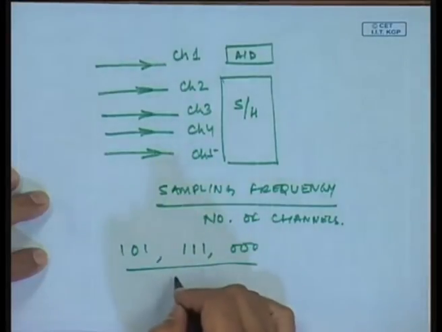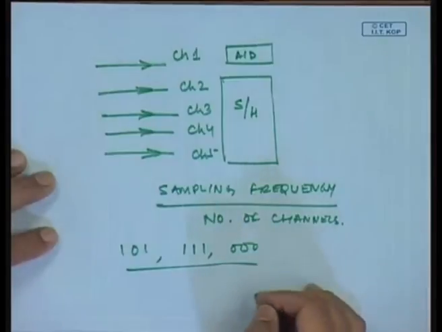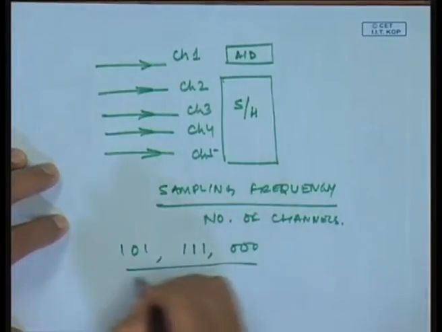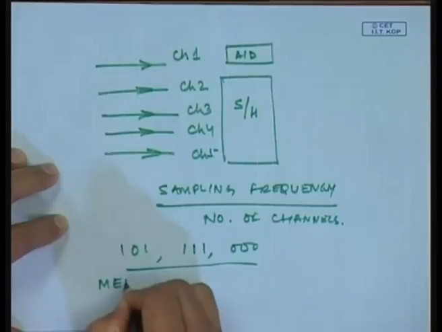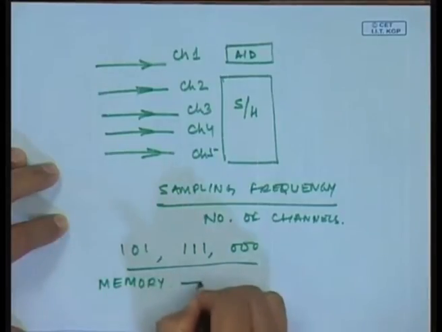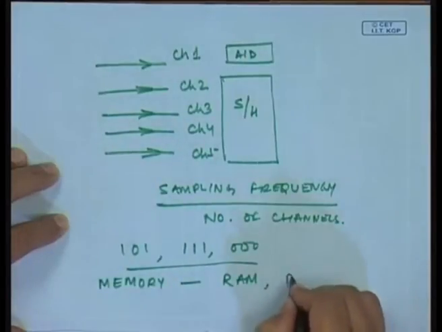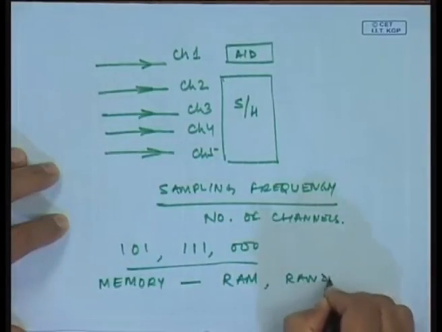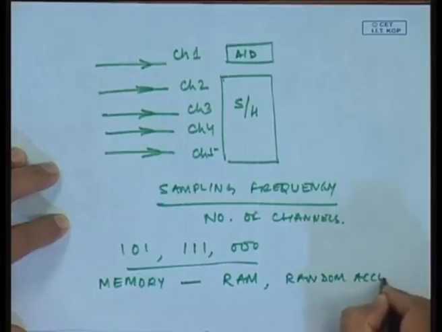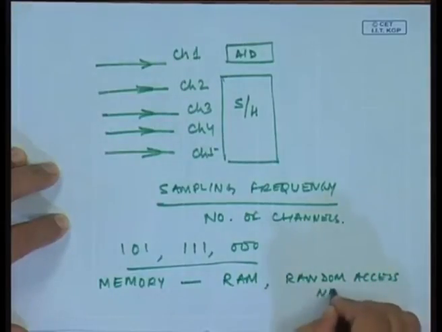this digital data needs to be stored in the computer. So, it should have some amount of memory, which is usually RAM, because this should be erasable. Okay.